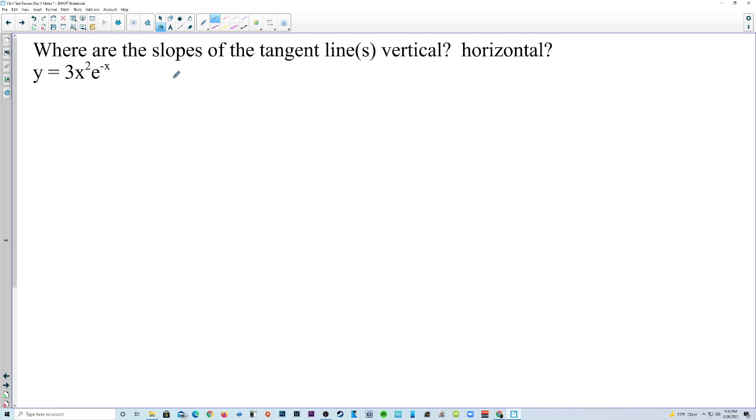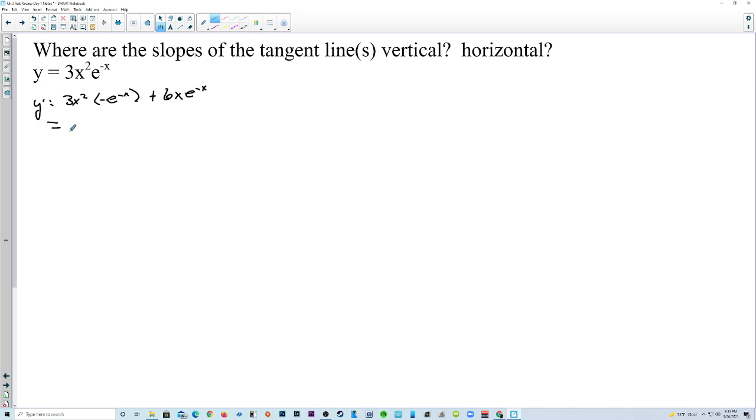Where are the slopes of the tangent lines vertical and horizontal? So let's take the derivative. First times the derivative of the second. So the derivative of e to the negative x is e to the negative x, but you got that negative there. Plus the second times the derivative of the first.